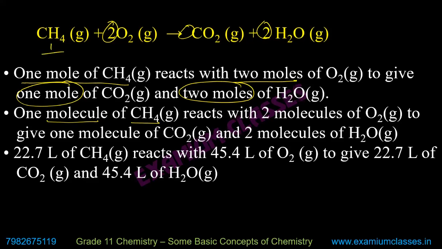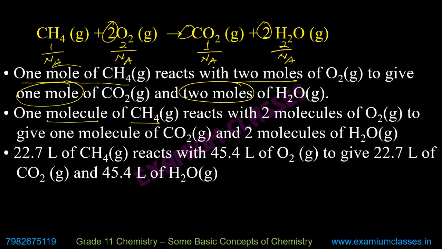You divide 1 by Na, you get molecules. You divide 2 moles by Na, you get molecules here. Here it is 1 mole divided by Na, 2 moles divided by Na. This will be the molecular ratio. And Na will get cancelled. You will get the same ratio, 1 is to 2 is to 1 is to 2.